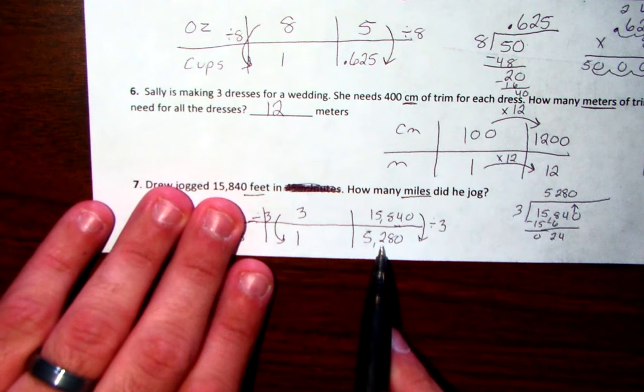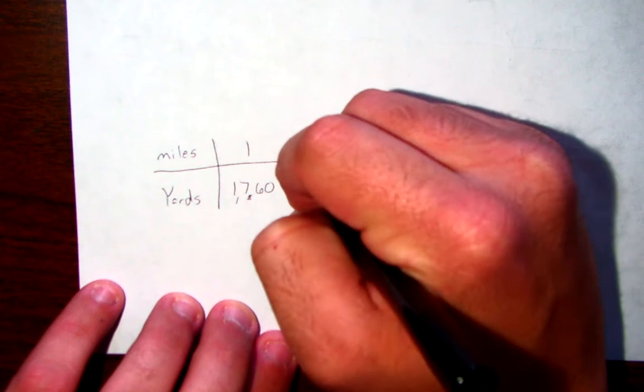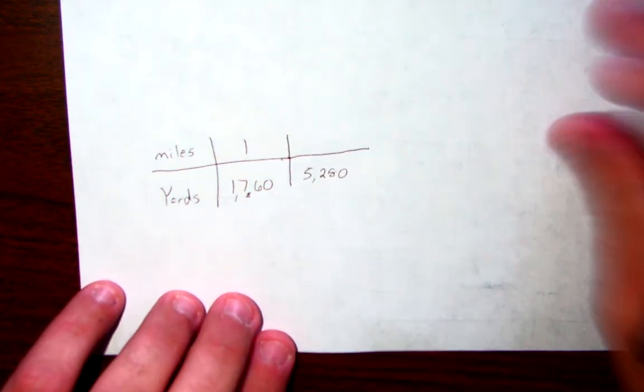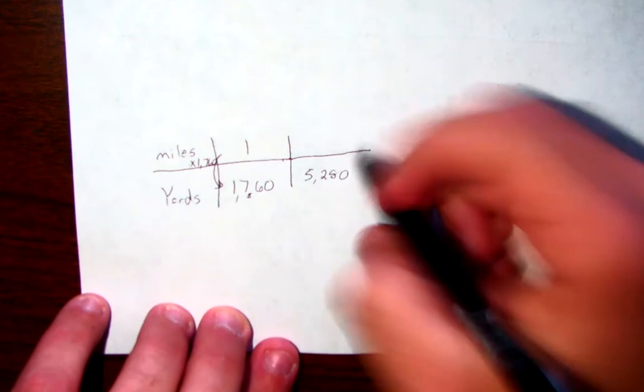But if we go back to my previous work here, we figured out we went 5,280 yards. Well, let's see if we can do our math here. To get from 1 to 1,760, I had to multiply by 1,760.